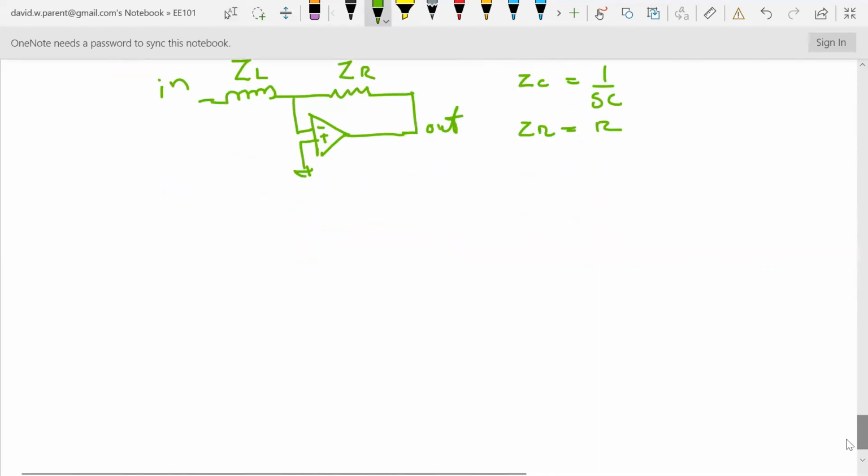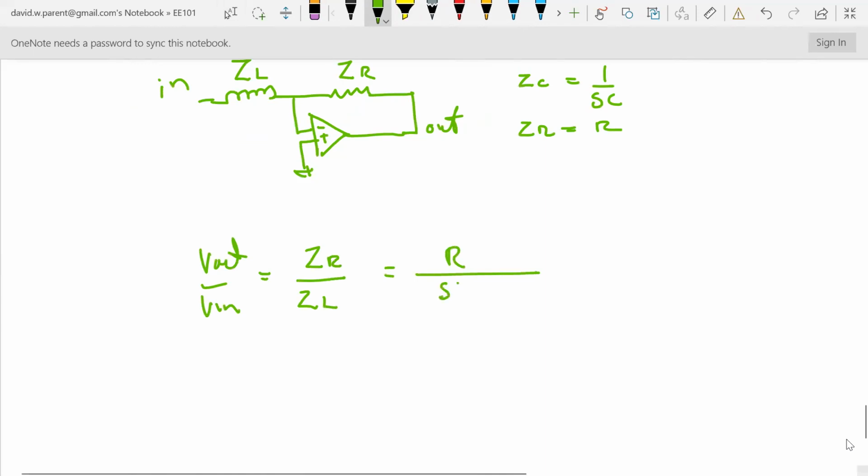Just by remembering, like, wait, if it was minus R2 over R1, hey, V out over V in is just going to be ZR divided by ZL, right? ZR is R. The impedance of an inductor is SL, right?